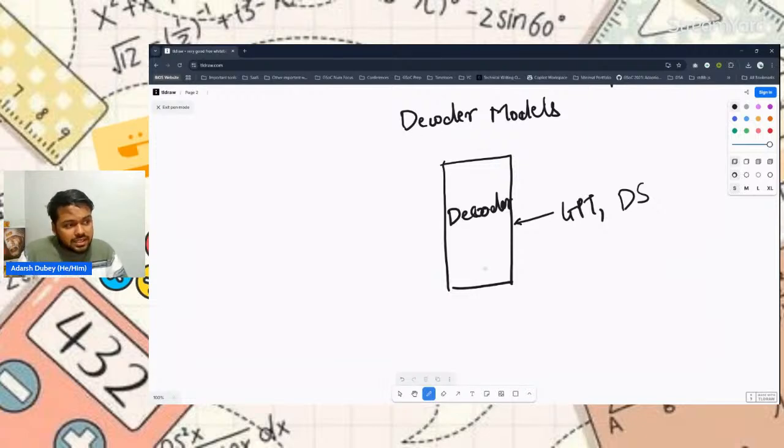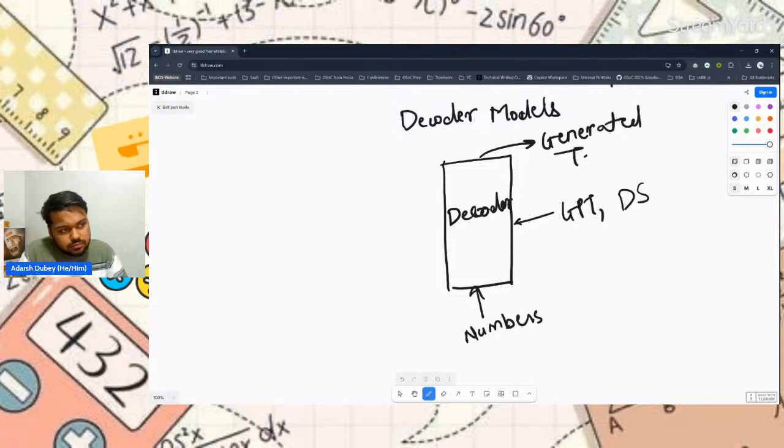Okay, so it takes in some numbers, which is the context, and produces some generated text. So now we understand what the encoder does: the encoder generates some context, and the decoder takes that context and generates some text.